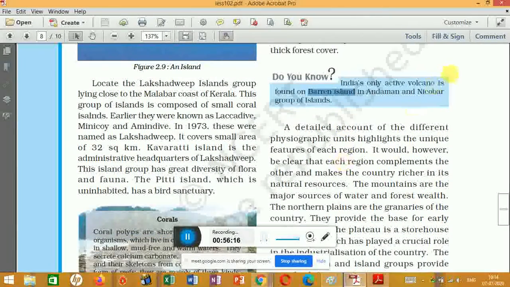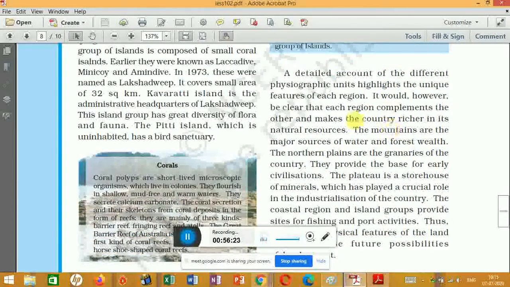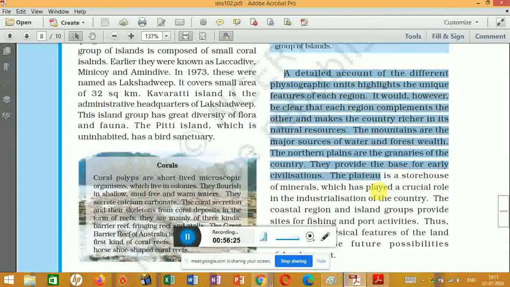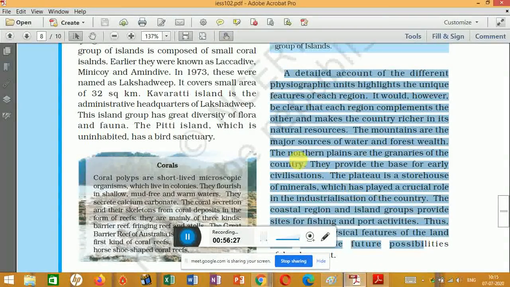So these are the important physical features of India. And this paragraph tells that each and every landform has its own importance. For example, mountains provide us water resources and forest resources.